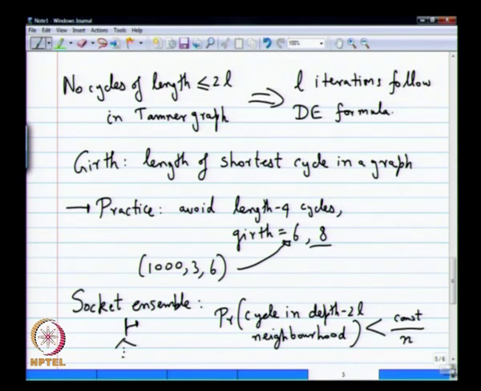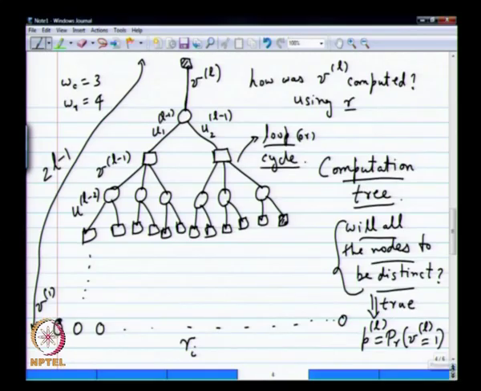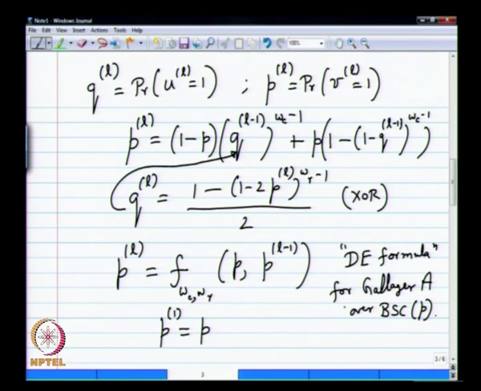So where are we now? We have this density evolution formula, and we have a reasonable idea of when this formula is valid. There are two things you have to keep in mind: in theory, when is it valid, and in practice, when is it valid? In theory, it's not really valid anywhere, only for one particular bit, so to speak.